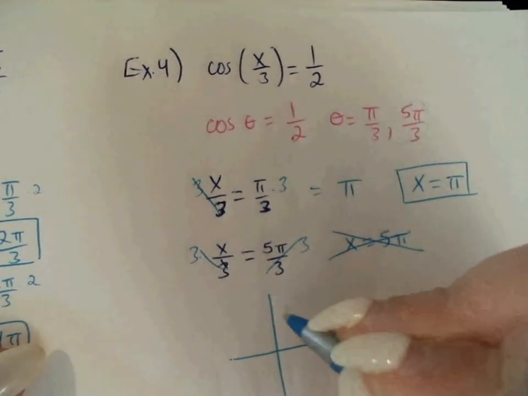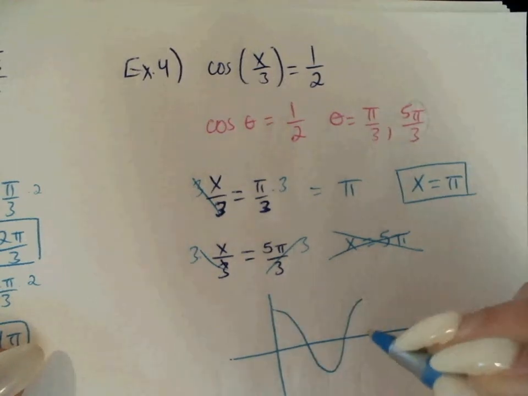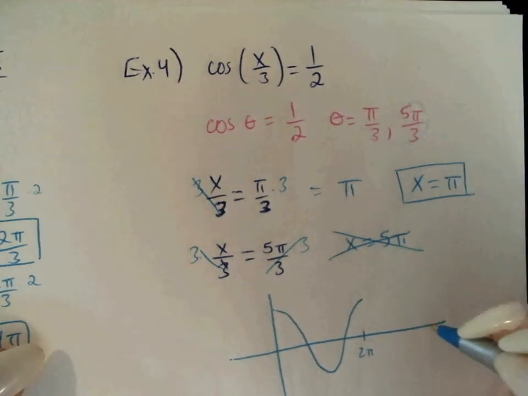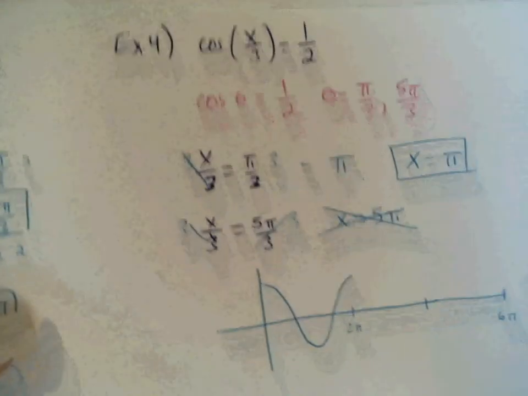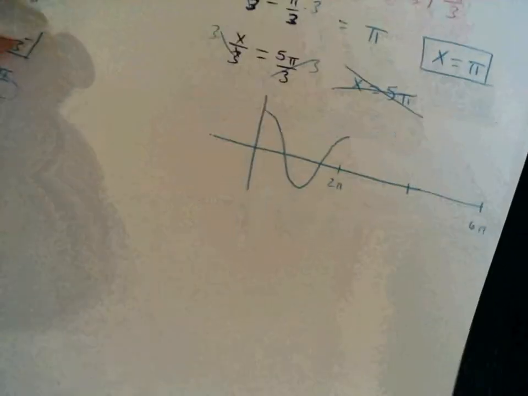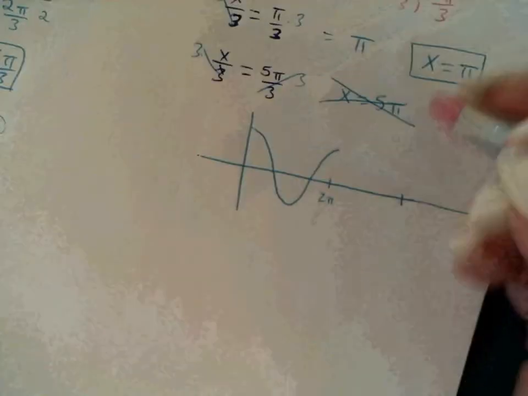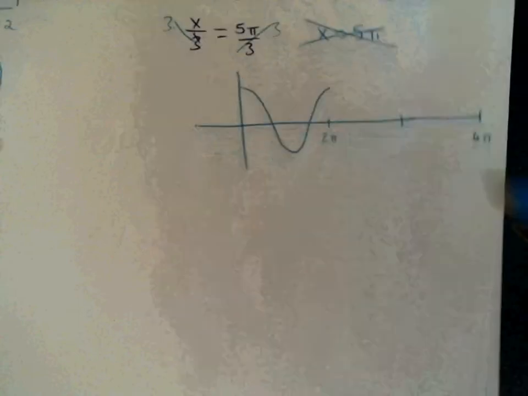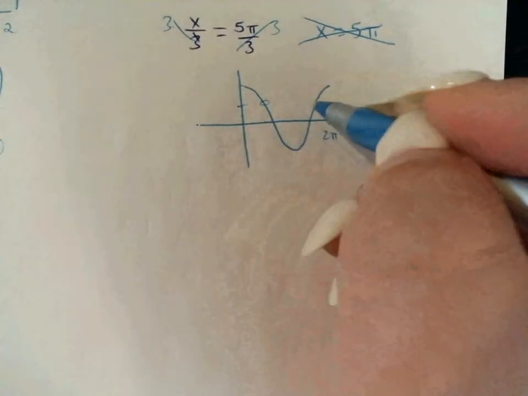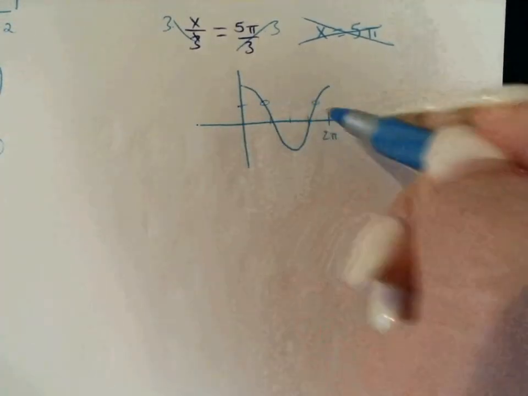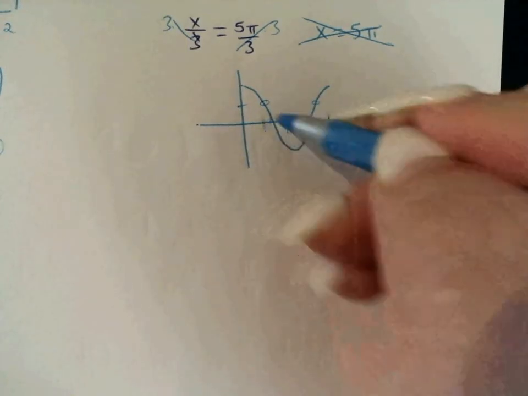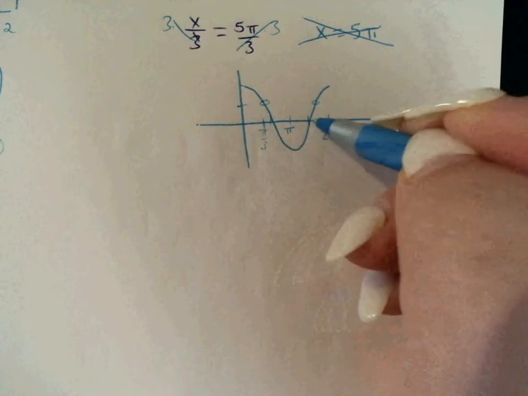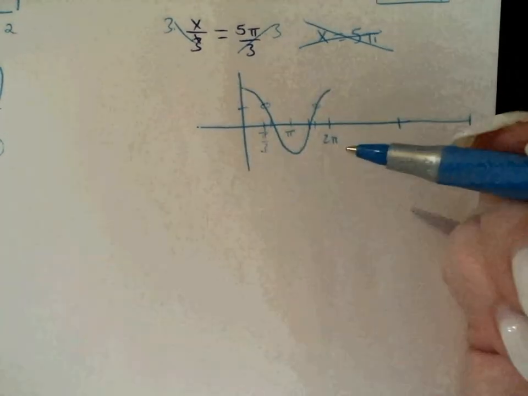So just as a reminder, just so we can kind of play with that, here is cosine with an interval from 0 to 2 pi. If I stretch that by a factor of 3, I'm going to pretend, let that be 6 pi. Then my new wave, and just so you can see, reminder, we're equaling 1/2 here and here. That's pi, that's half pi, and that right there is pi over 3.